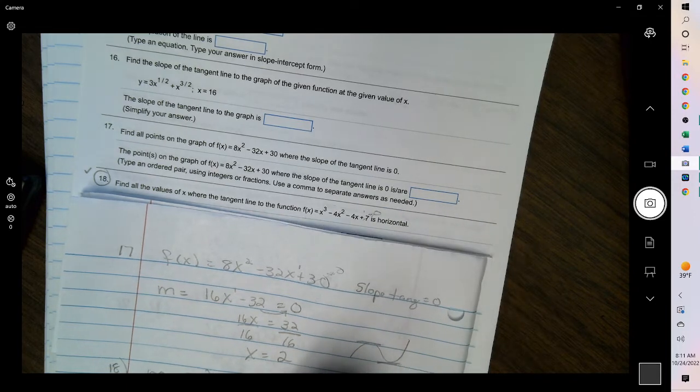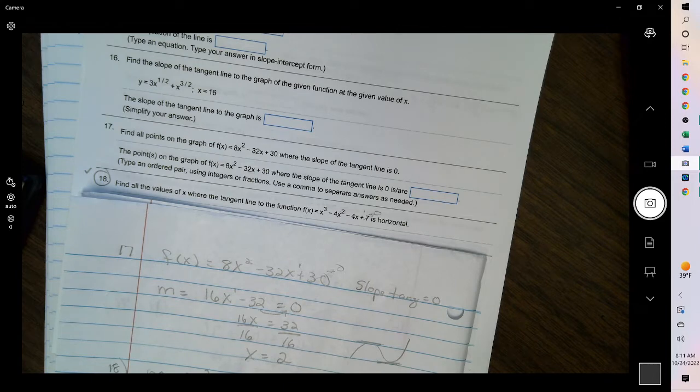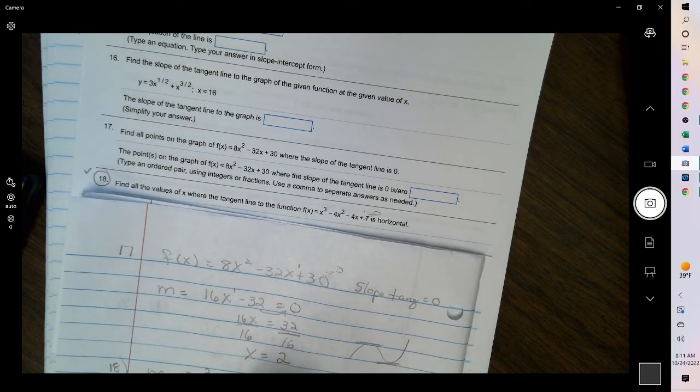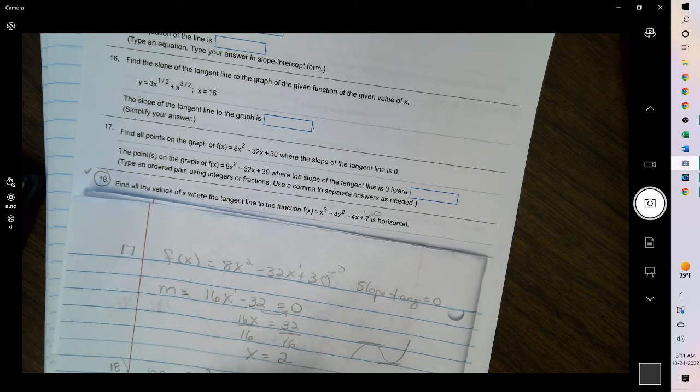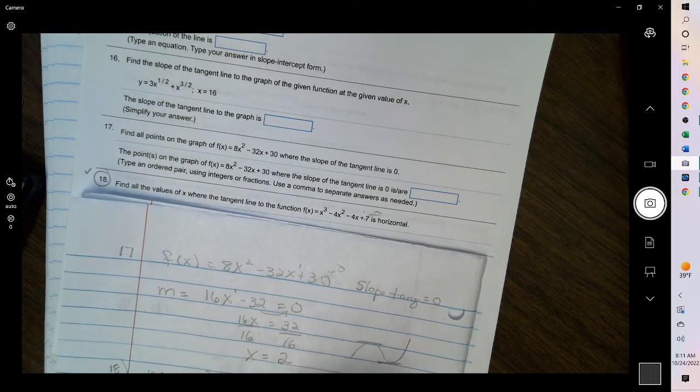And then you want to set that equal to 0. You could solve it by factoring, maybe, if it's factorable. 3 and negative 4 is 12. I think quadratic formula.